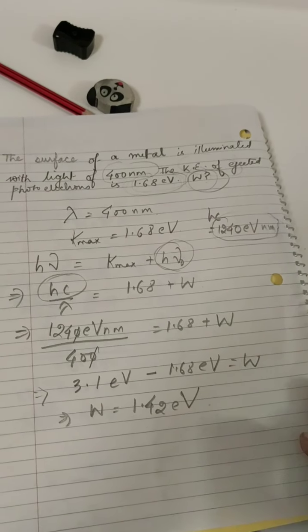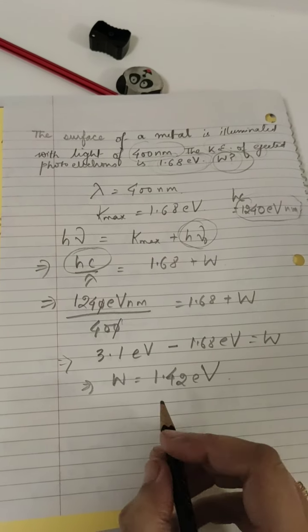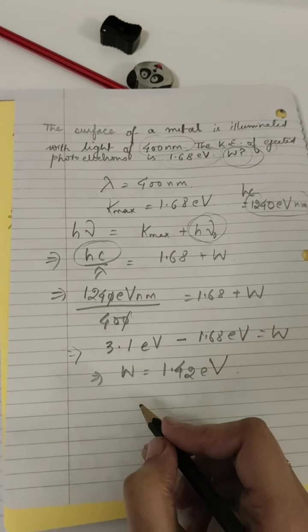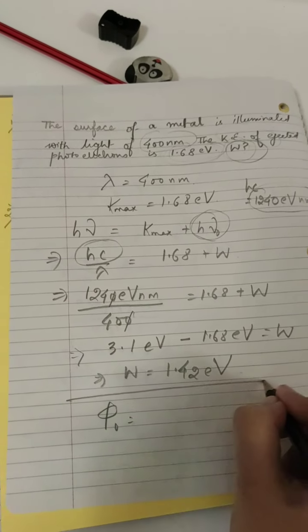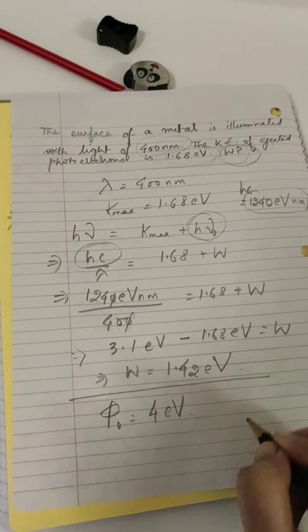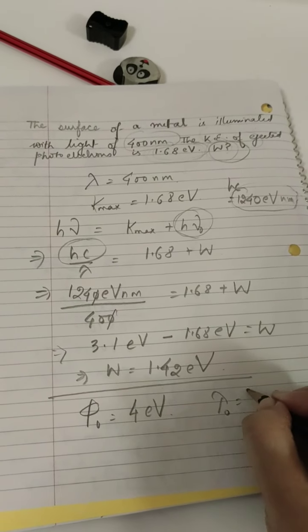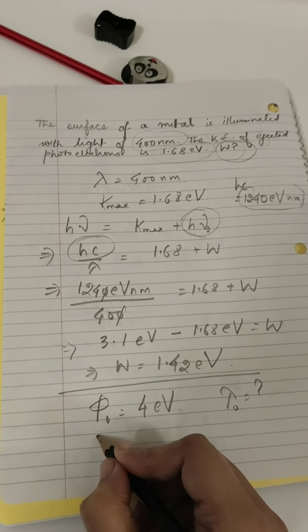Okay. Similarly, you may be given the work function and you may be asked to find out the threshold wavelength. Suppose the work function is given as 4 eV and you are asked to find the threshold wavelength. So how are you going to find it?